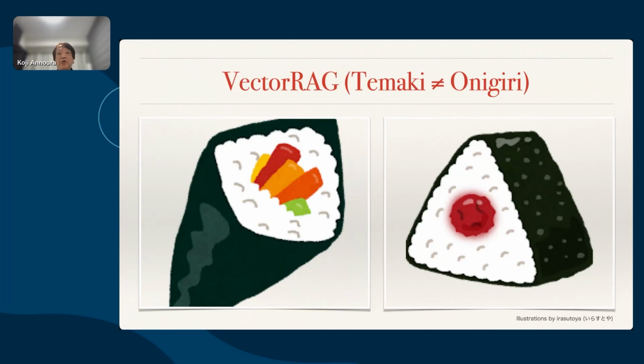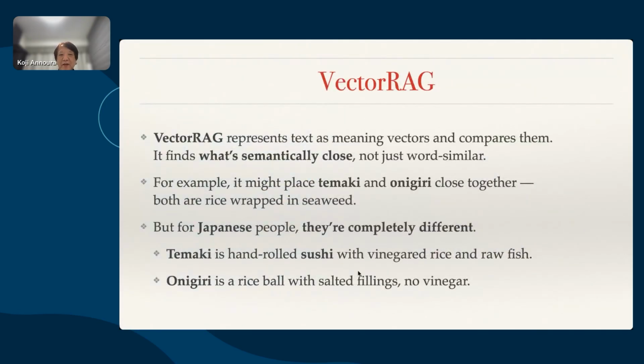So the right side is onigiri. The left side is temaki sushi. It's a sushi. It's very similar, but for Japanese people, they are completely different.